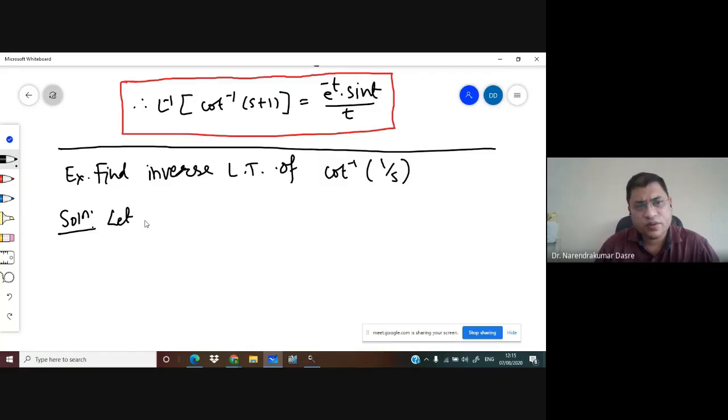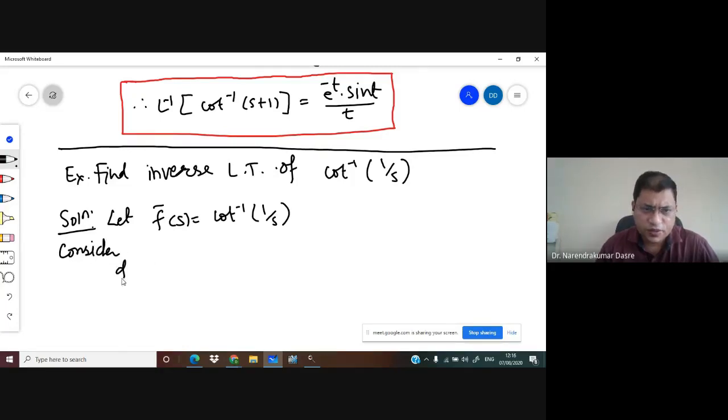Let f bar of s is equal to cot inverse of 1 by s. So consider the first step, d by ds of f bar of s. So it is d by ds of cot inverse of 1 by s.